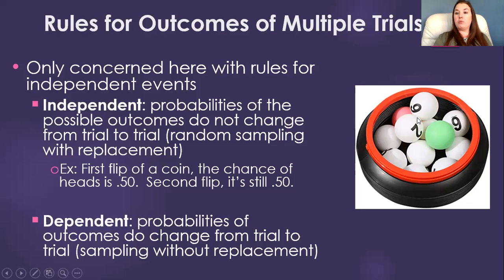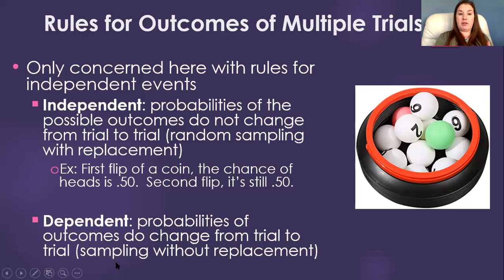We do one pull for a ball and it's not a 6. If we keep that ball out of the bowl, if we don't replace it, the probability of pulling a 6 is no longer 1 in 10, it's now 1 in 9 because we've removed one of those balls, right?